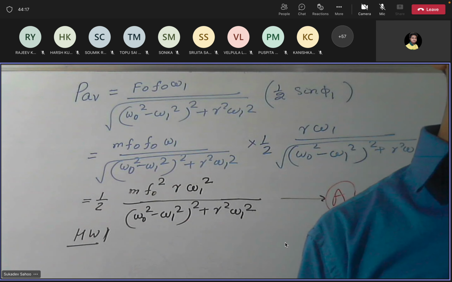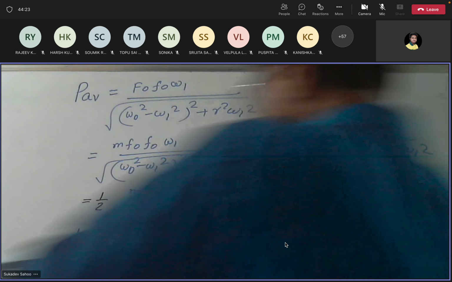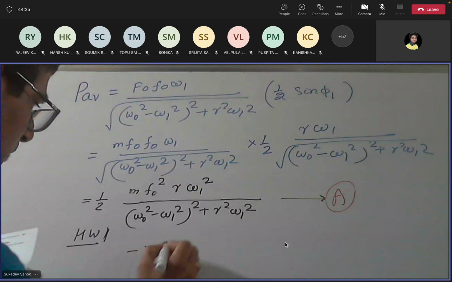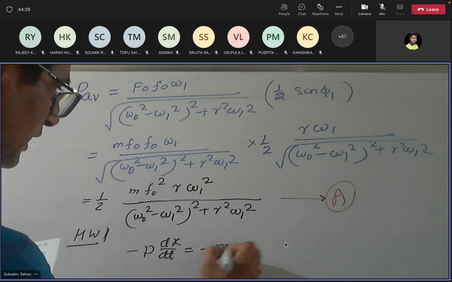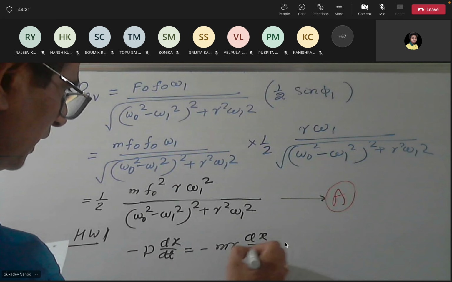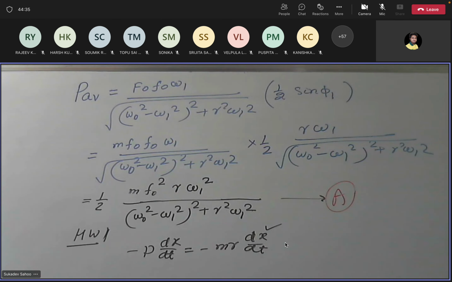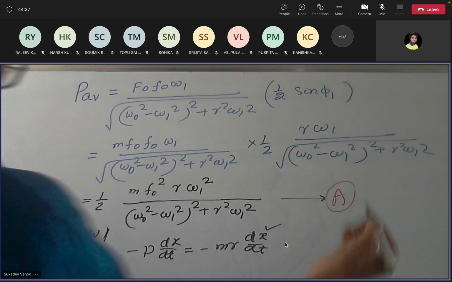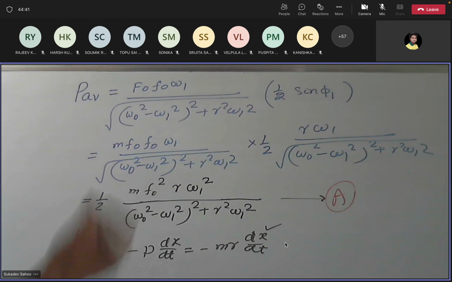Power dissipation means for this one we require the damping force. So you have to write the expression for the damping force. Your damping force expression is minus b dx by dt, that is minus m gamma dx by dt. Now you substitute the value of dx by dt. Again, the rate of doing work against this damping force will give the dissipation.